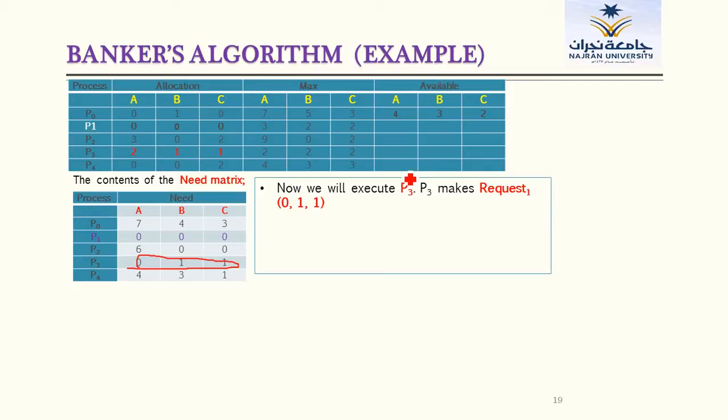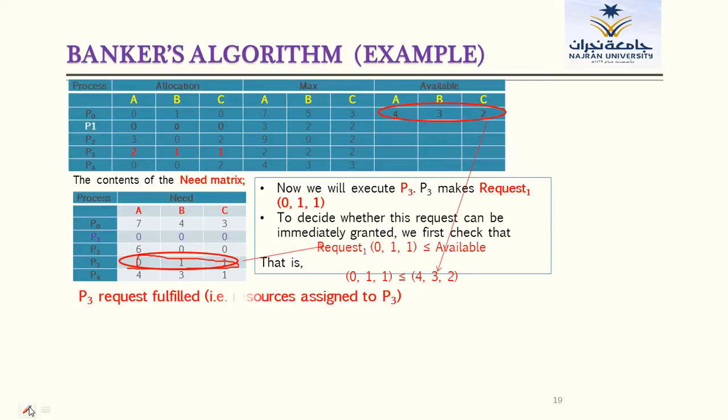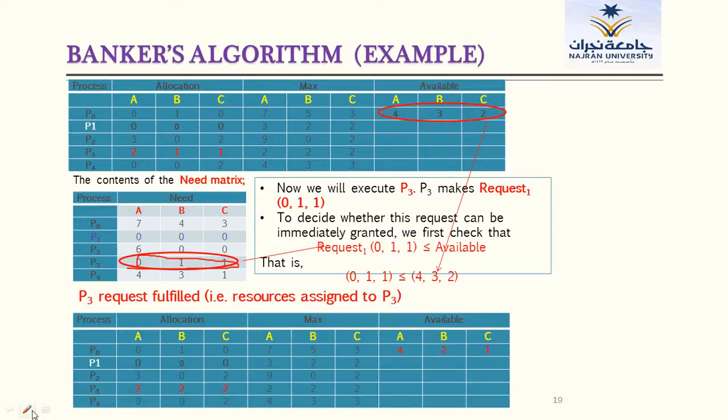Again we will check that the request must be less than or equal to available. If the request is less than or equal to available, then we will execute the process. Here I will explain the request.